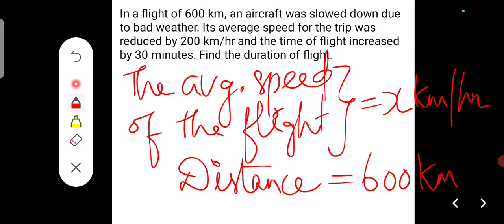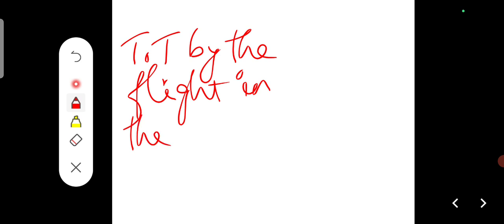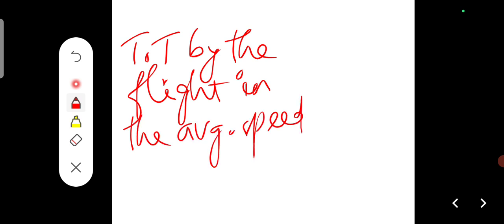So we can calculate the time taken by the flight in the usual speed, in the average speed.